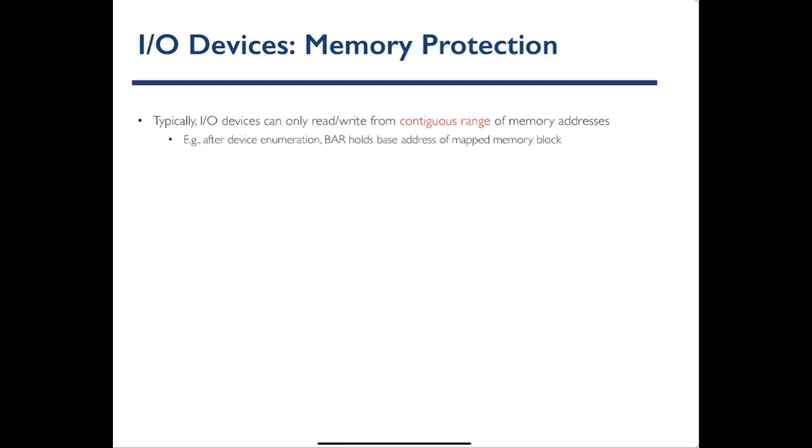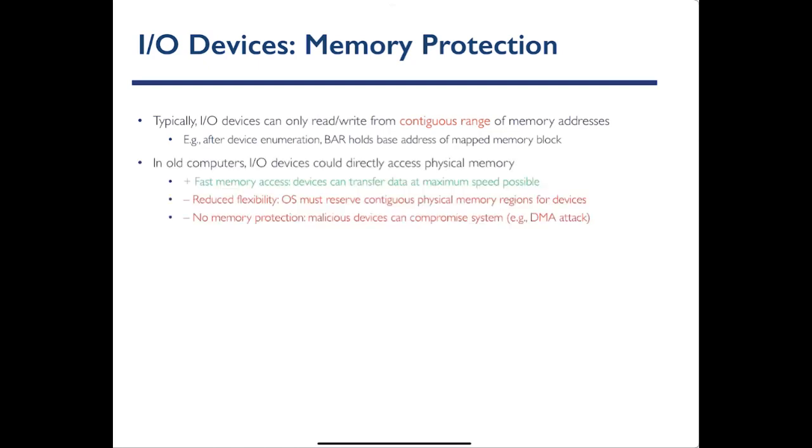Now, again, historically, we would allow the devices to directly communicate with physical memory. So if let's say your device wanted to DMA to memory, it would use physical addresses to read, for example, from memory or write to memory.